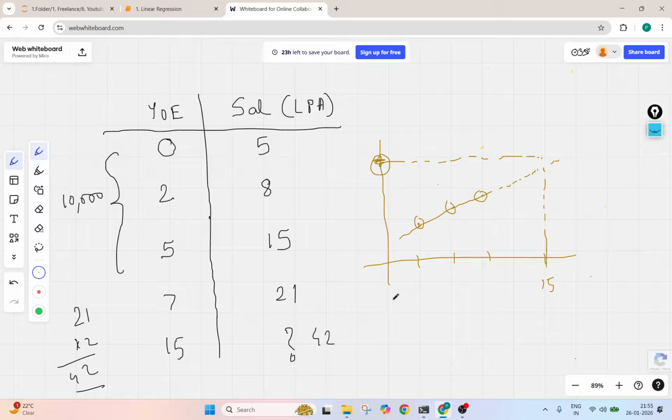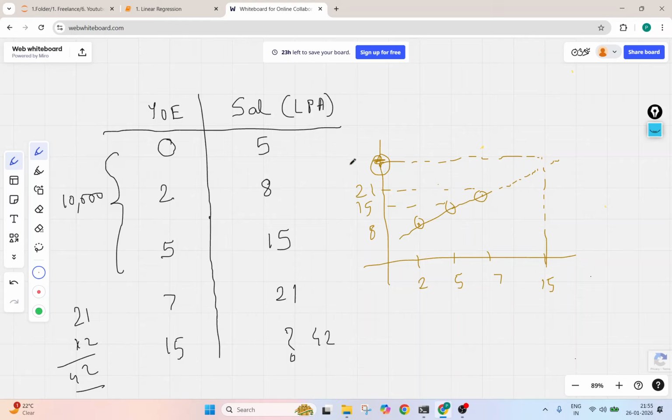Does that make sense? So for 2 years, I'm getting a salary of 8. For 5 years, I'm getting a salary of 15. And for 7 years, I'm getting a salary of 21. So what should my salary be when the year is 15? I simply extrapolated this line and found the intersection point for the x-axis.